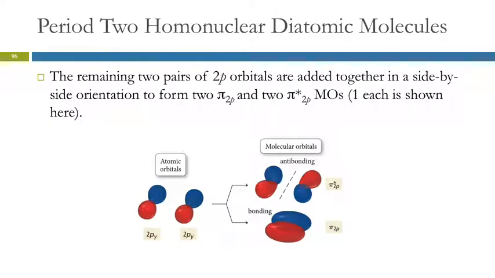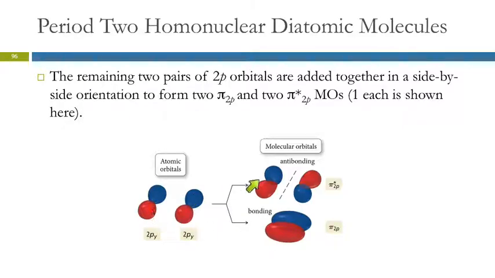The other 2 orbitals add side by side. So py and py, we can overlap them, add them together where they're in phase. So here we have the reds and the blues together, and we end up with something like this. This is not symmetrical now on that internuclear axis. So this is called a pi orbital.